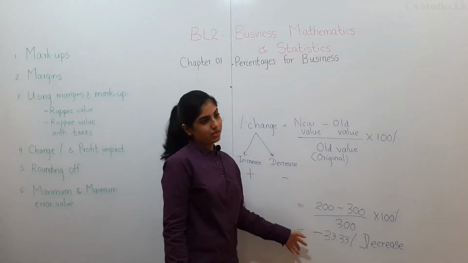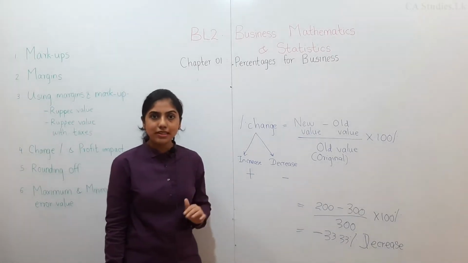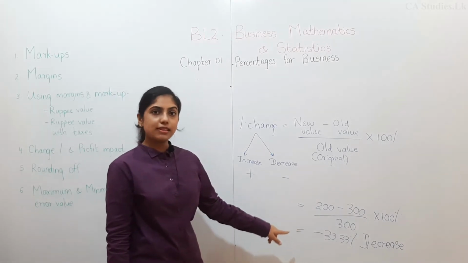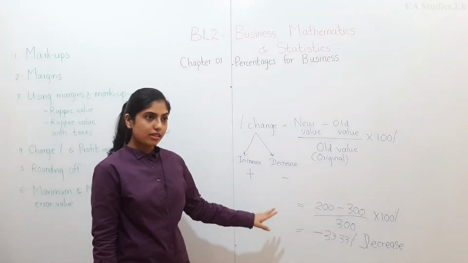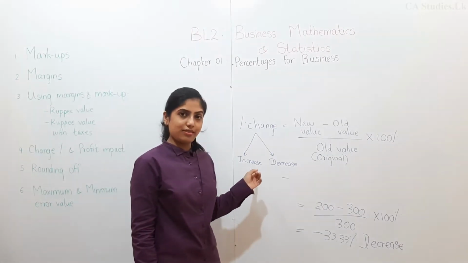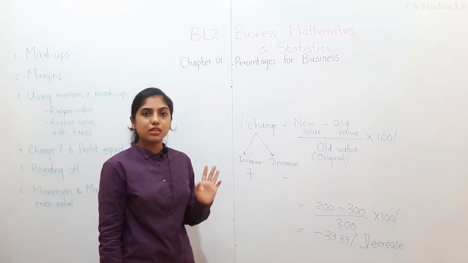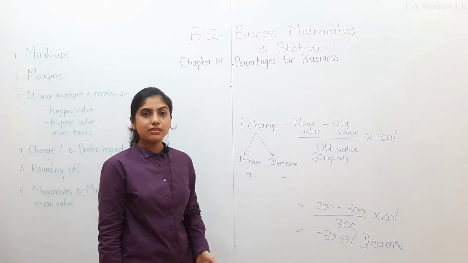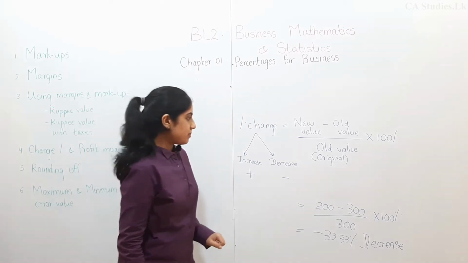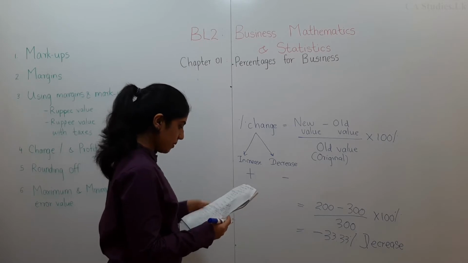Sometimes in the answers, if they give plus or minus signs, then remember to use the minus sign if it is for a decrease, and choose that answer. Don't choose the plus one. Sometimes they won't give any plus or minus, they will simply give 33.33 and other figures. Then you select only 33.33.